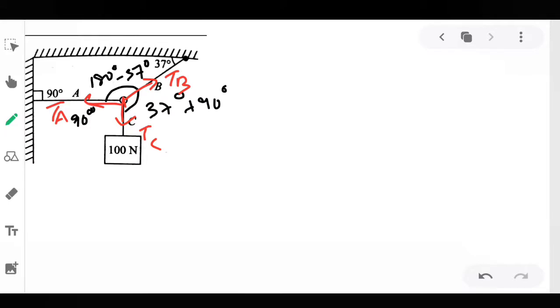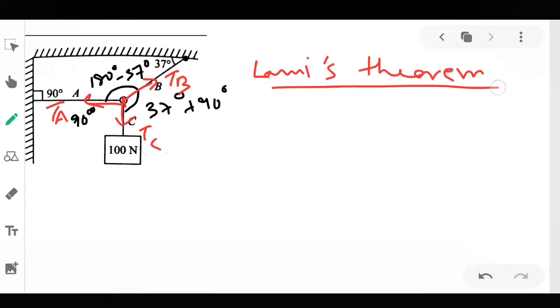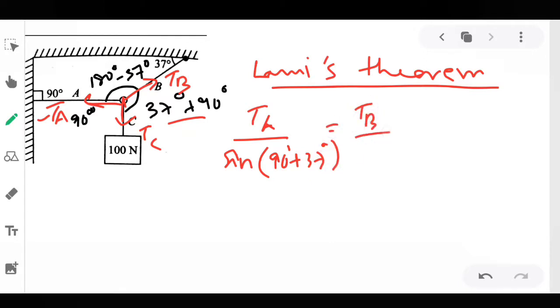Now from Lami's theorem, we have TA divided by the sine of the opposite angle, which is sine of 90 degrees plus 37 degrees, equal to TB divided by sine 90 degrees, equal to TC divided by sine of 180 degrees minus 37 degrees.